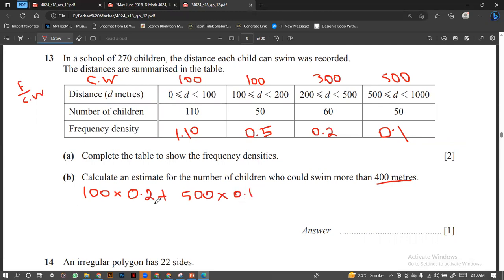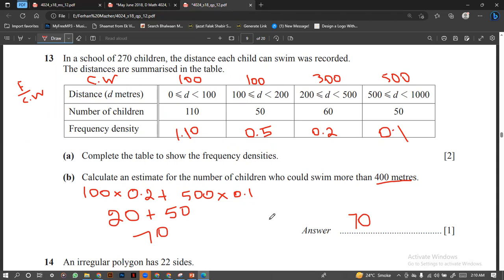So when 100 is multiplied with the 0.2, it will be 20. And when 500 is multiplied with the 0.1, it will be 50. So the total people will become 70. So the number of the students who swim more than 400 meters, there are 70 such students.